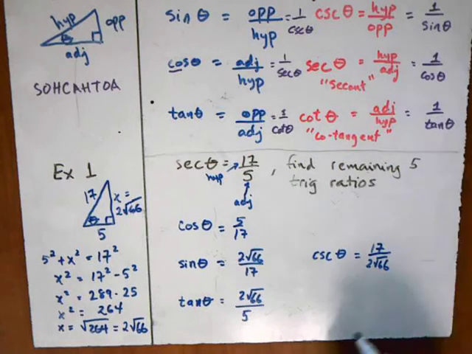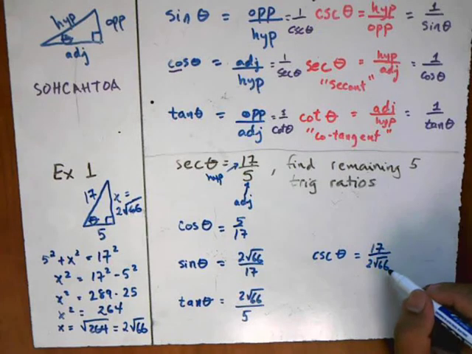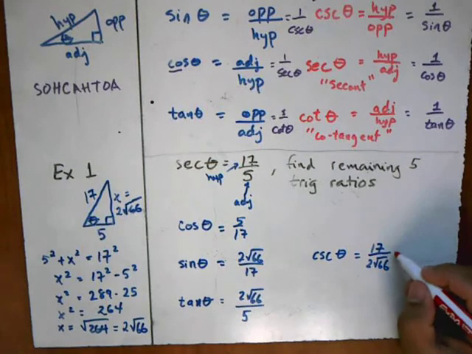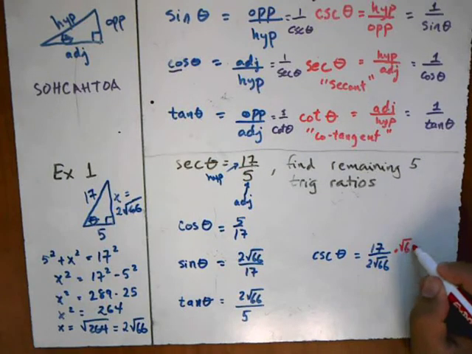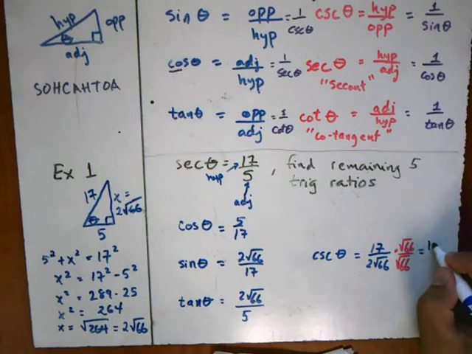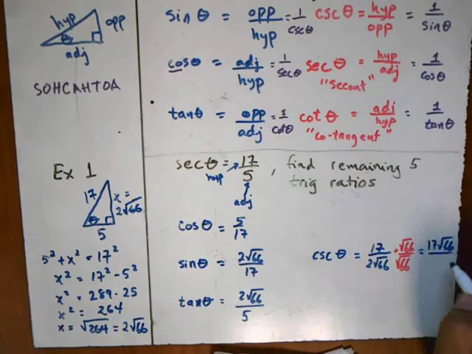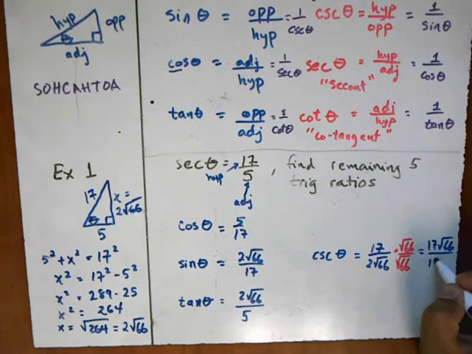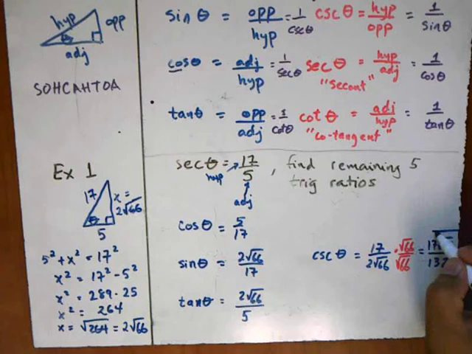Now, see, this is where it's not in simplest radical form because I have a radical in the denominator, so I have to make sure I rationalize that. Multiply the top and the bottom by square root of 66. And that simplifies to 17 times the square root of 66 over 132. Okay, and that's the final answer.